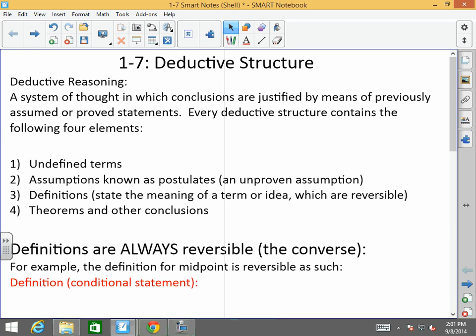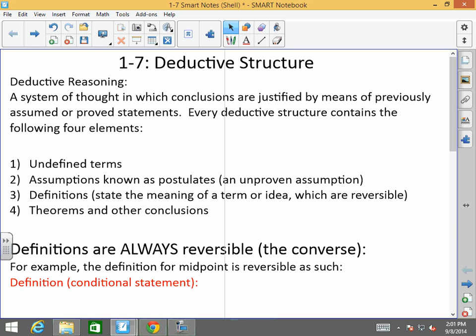Theorems and other conclusions. Theorems are what really make geometry go round and round. Now, as stated before and stated once again here with big bold letters, definitions are always reversible. And when you reverse a definition, my friends, it's called the converse. Okay?